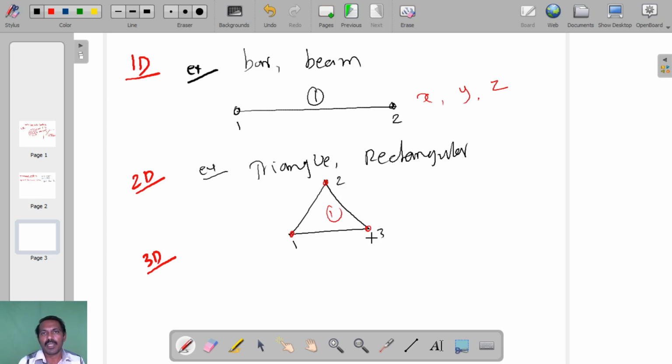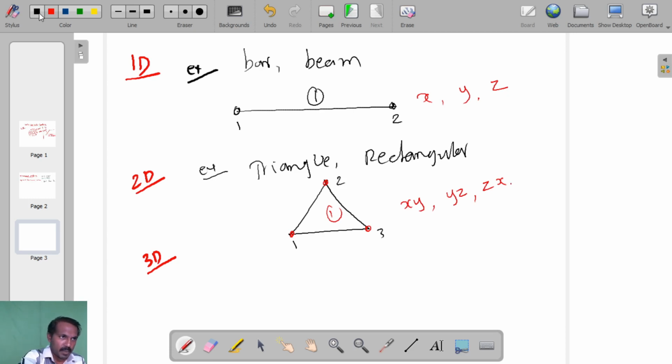Each node moves in a plane, x-y or y-z or z-x direction. So each node moves in any two-dimensional plane, xy or yz or zx. It is a two-dimensional element.